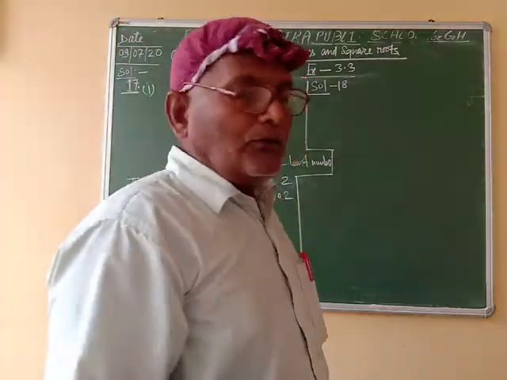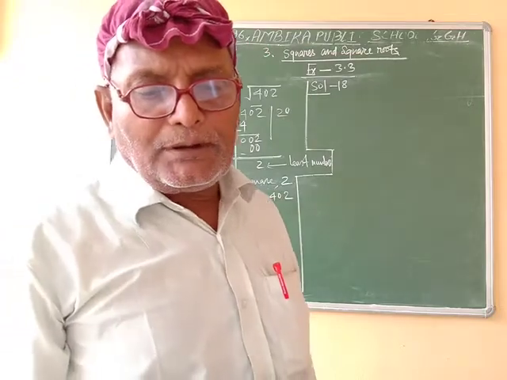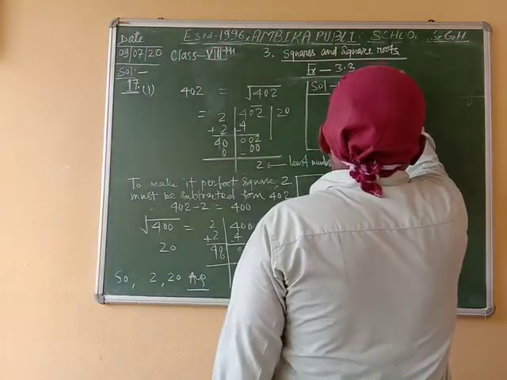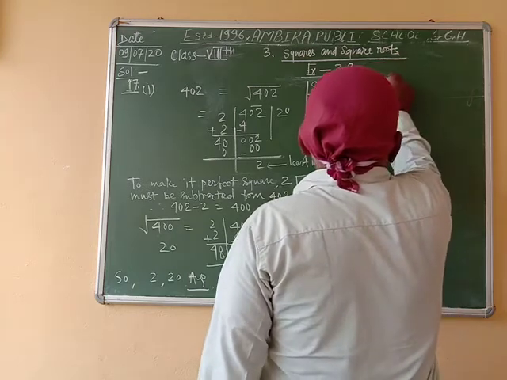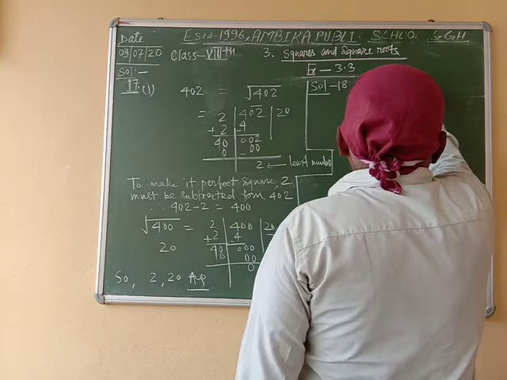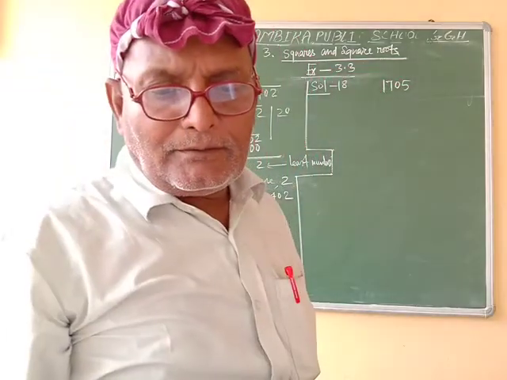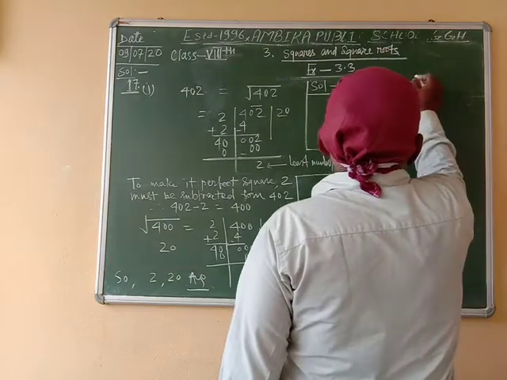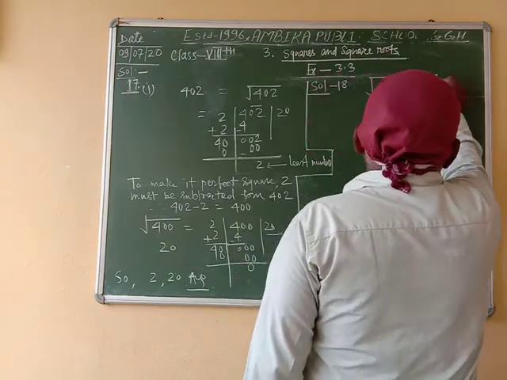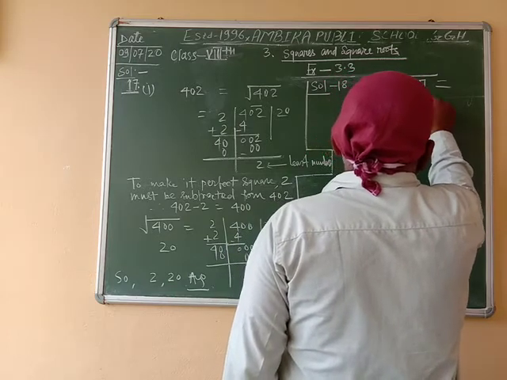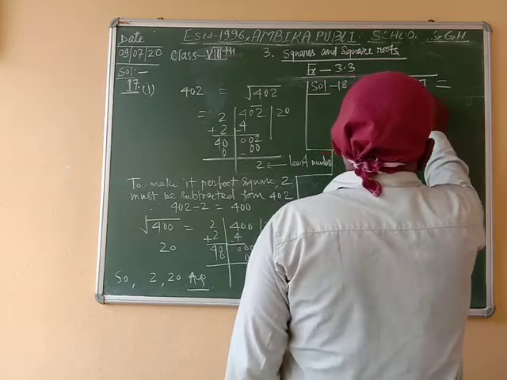First of all, we find the square root of 170597.